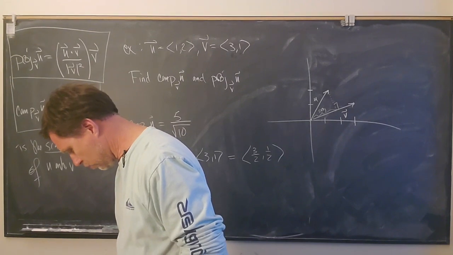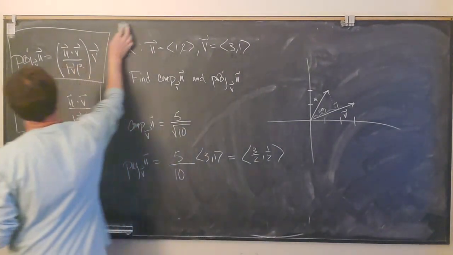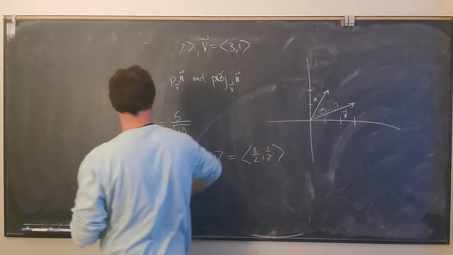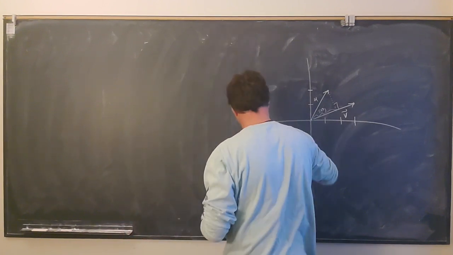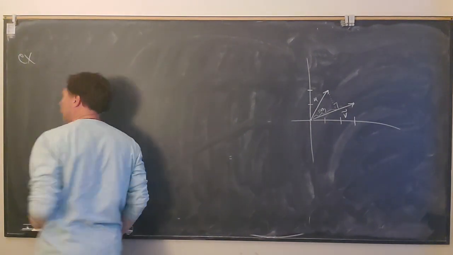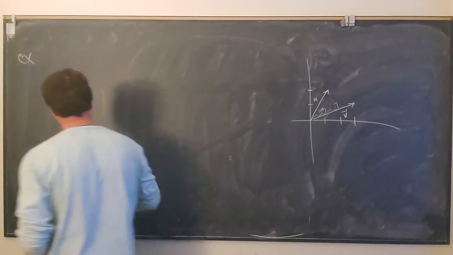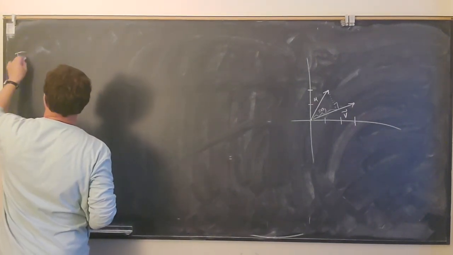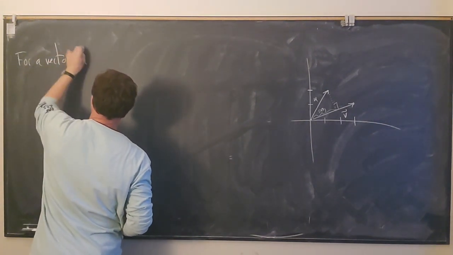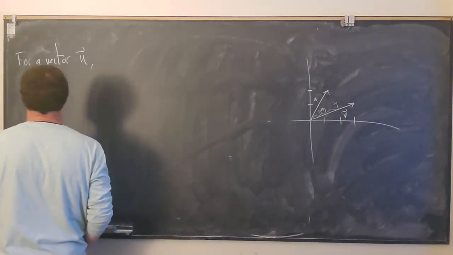I want to do one example from physics. I don't really want to focus on the physics of this stuff, right? You can do that in your physics class. But let's just try one example to see where this comes from. So, before I do the example, for a vector u, there's the horizontal and vertical components.